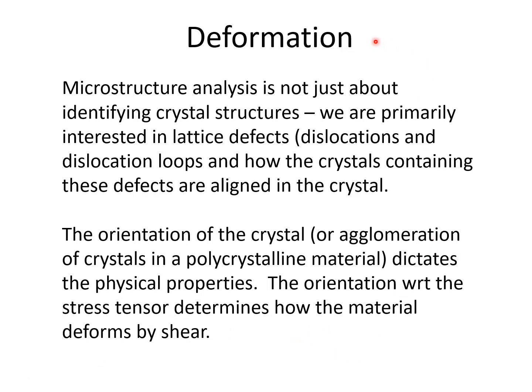If we want to look at deformation, the properties of the material are governed to a large extent by the crystal structure, and the properties are often, and we'll see that in lectures 3 and 4, always in fact, derived using tensors.